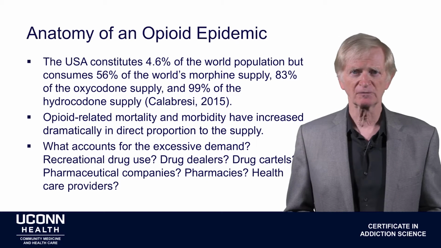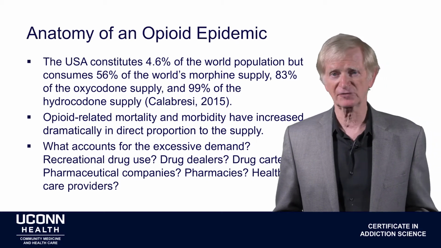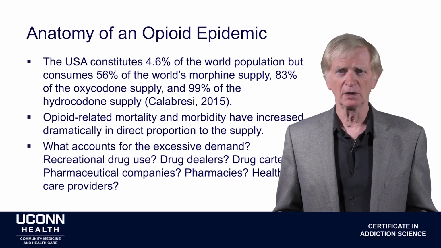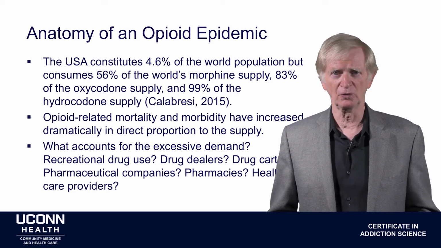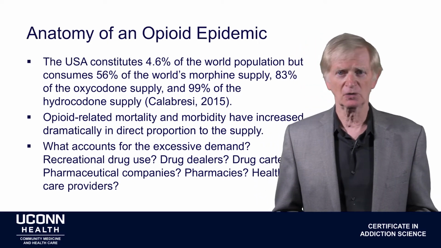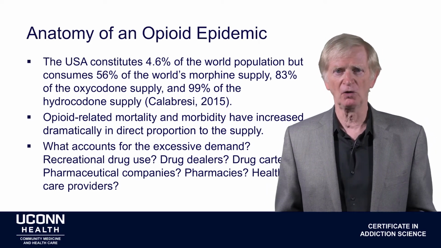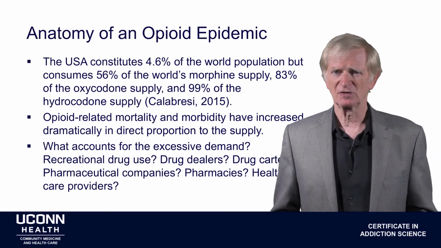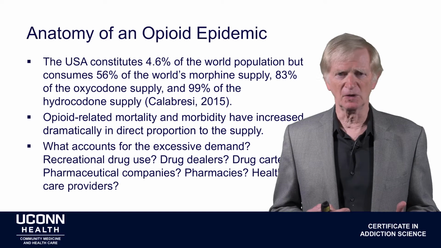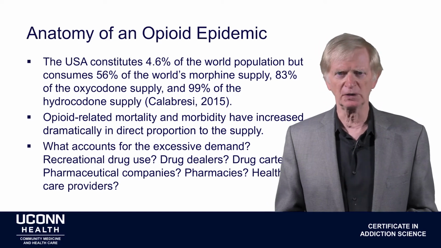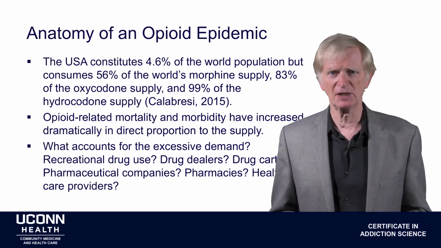So in the US, where we only have less than 5% of the world population, we consume more than 50% of the world's morphine supply, over 80% of the oxycodone supply, a powerful opioid, and almost all of the hydrocodone supply.